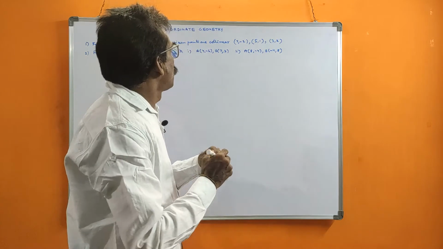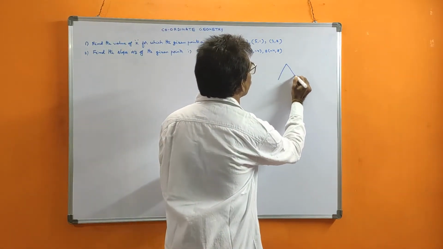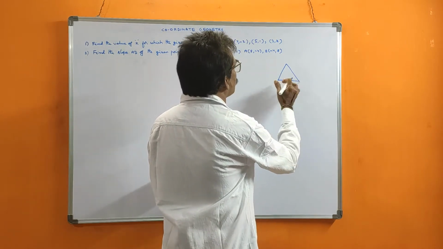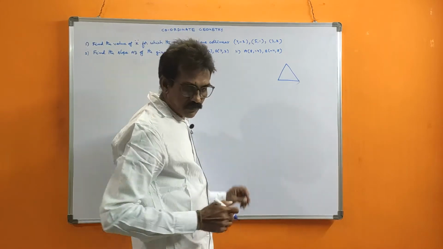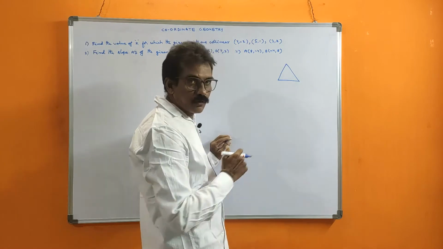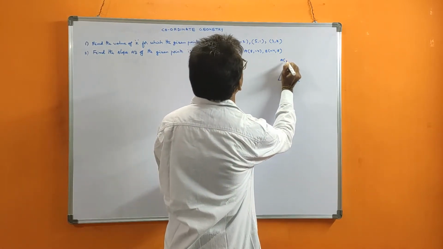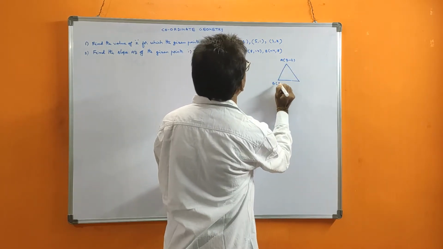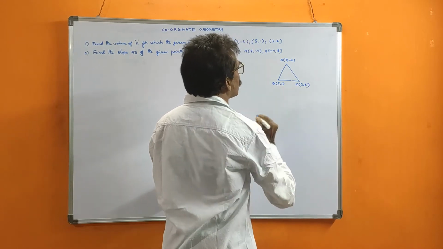Now, suppose you take a triangle. It is not really a triangle we are considering, because the points are collinear. For just finding the area, let A be (7, -2), B be (5, 1), and C be (3, k).